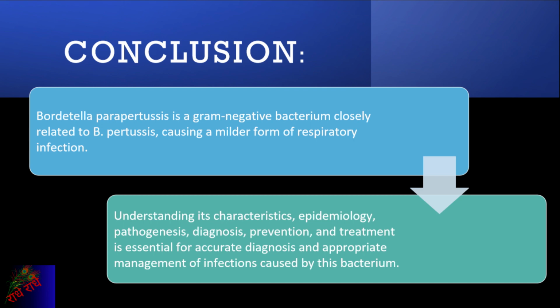While laboratory testing is necessary for diagnosis, differentiating it from B. pertussis is crucial. Vaccination against pertussis may offer partial protection, and antibiotics can be effective in treating infections caused by Bordetella parapertussis. Early diagnosis plays a key role in optimizing management strategies for affected individuals.